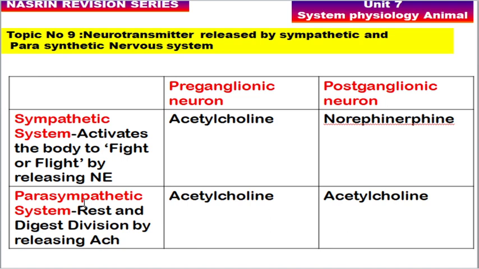The parasympathetic system is the rest and digest division. The preganglionic neuron of the sympathetic nervous system secretes acetylcholine, whereas the postganglionic neuron of the sympathetic nervous system secretes norepinephrine. The preganglionic neuron of the parasympathetic nervous system secretes acetylcholine, and the postganglionic neuron of the parasympathetic nervous system also secretes acetylcholine.